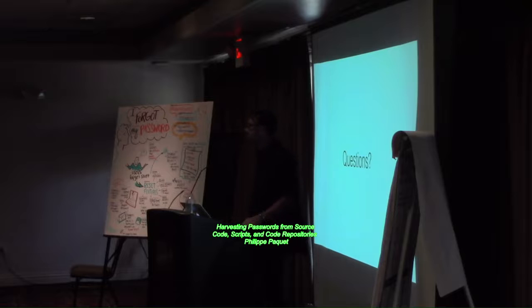A little different from source code. What about configuration files? In a former life, I used to have to deal with a lot of router configuration files. People would post their config files in order to say, hey, I'm having trouble setting up my VPN, and here's the config. Can somebody tell me what's wrong?